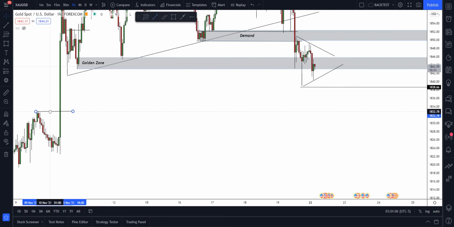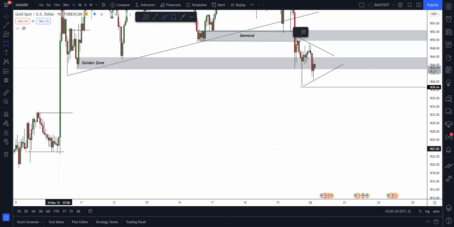Some kind of resistance here. And let me make this perfect. Yes. And also got some kind of support down here, right? But this candle broke with high volume, broke previous market structure, our resistance, right?